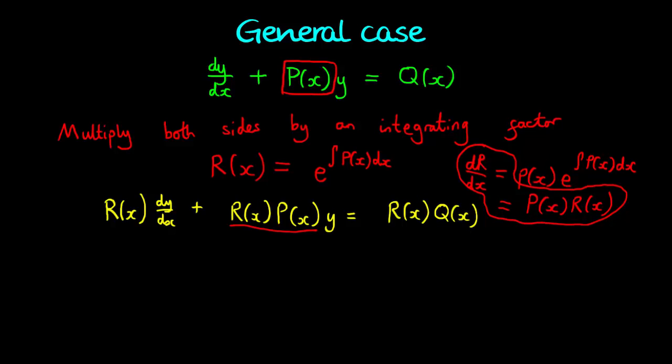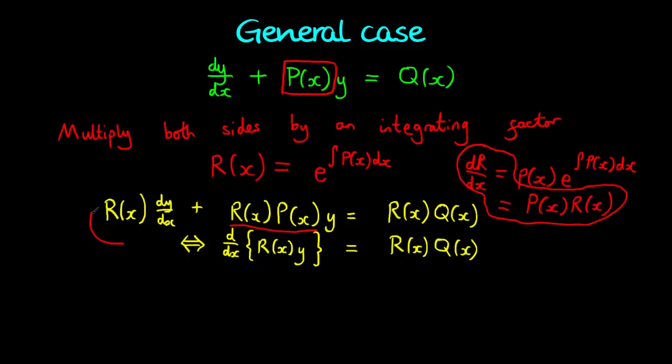So it means that we can rewrite this left hand side as the derivative with respect to x of r of x times y. So again, just to explain why that is, if you think about doing it the other way around, so in other words starting from the bottom and working your way up, if I asked you to differentiate r times y with respect to x, given that both of those are functions of x, then hopefully you'd use the product rule.